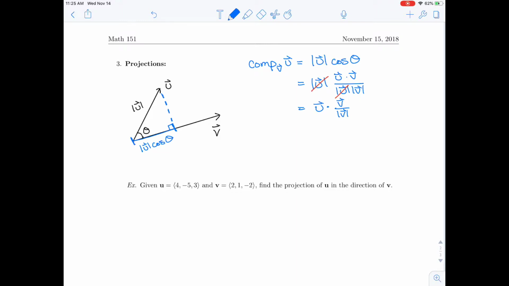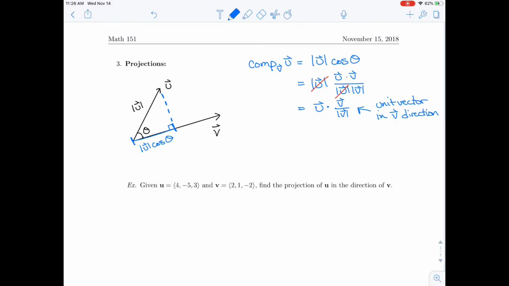And that's a unit vector in the direction of v. And so the result is, if you're asking how much of u is in the v direction, well, then you dot u with the vector that represents the v direction. So this is a unit vector in the v direction.